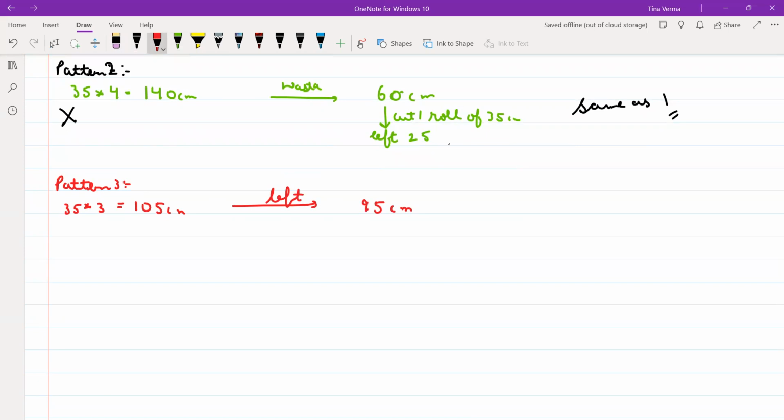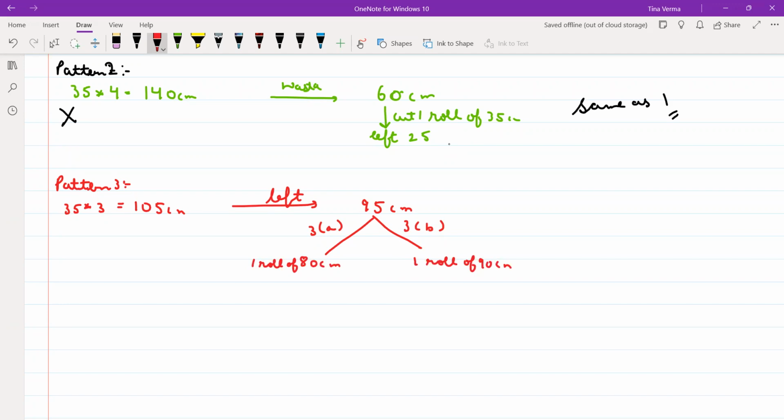Either you can cut roll of 90 centimeter or you can cut roll of 80 centimeter. So I can divide this into two patterns that I am naming 3A and 3B. One I am cutting off 80 centimeter and one I am taking one roll of 90 centimeter.